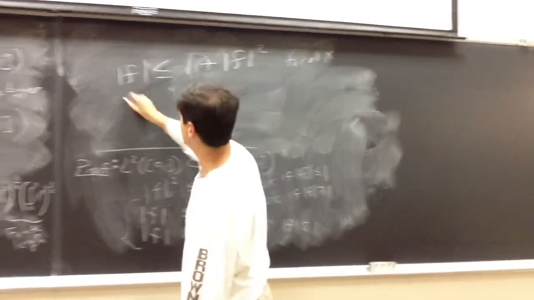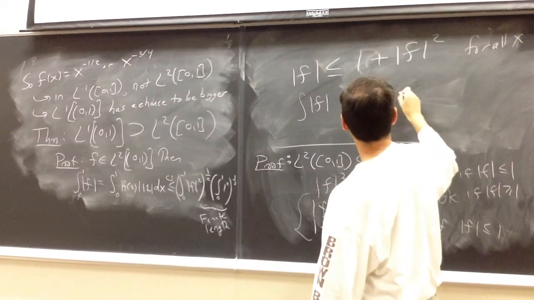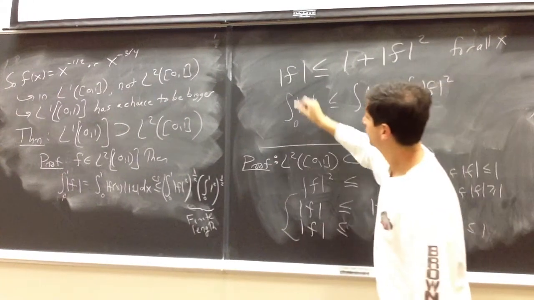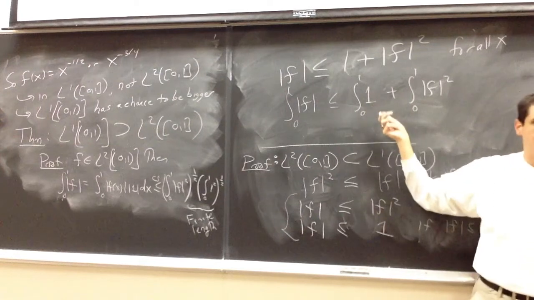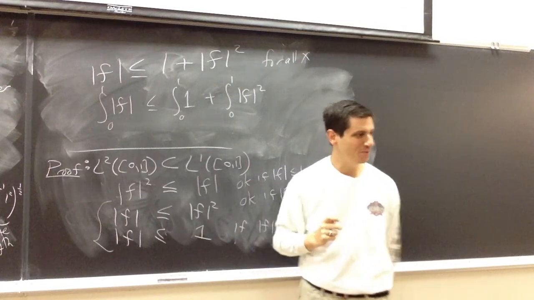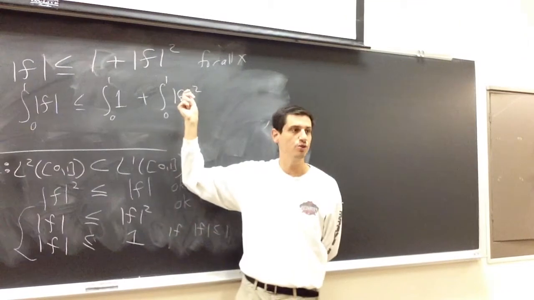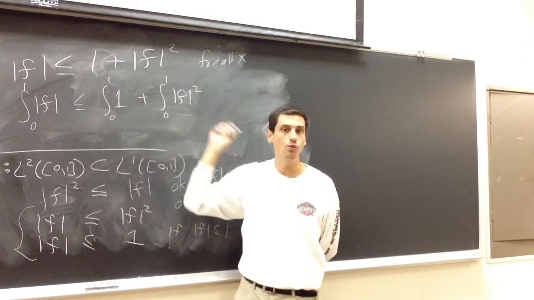And so now the integral of the absolute value of f is less than or equal to the integral of 1 plus the integral of f squared. If my interval were infinite, would this break down? Yes. Good. I should not be able to prove that I have this inclusion when my interval is infinite.